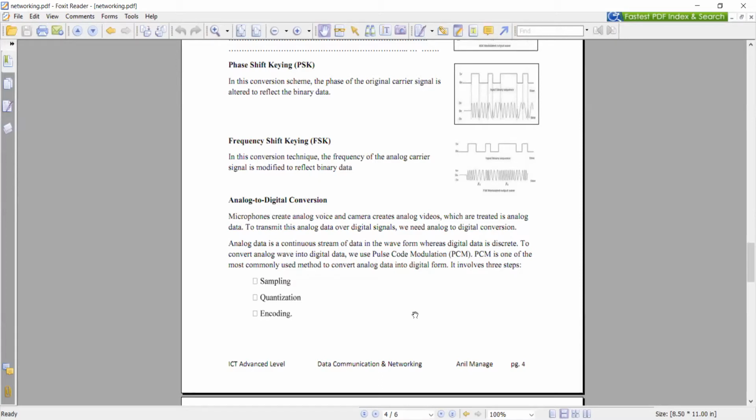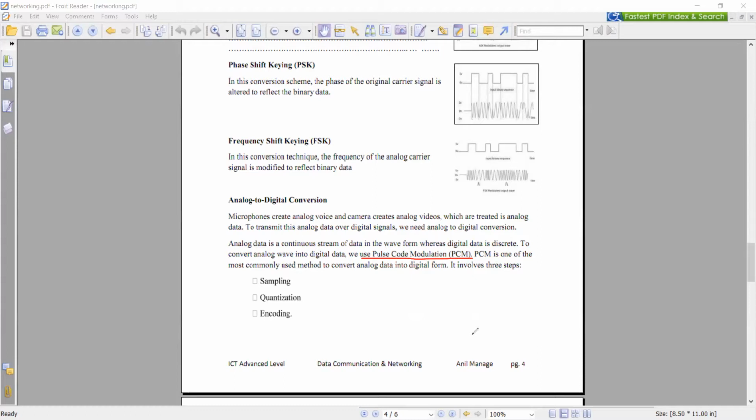To convert an analog wave into digital data, we use pulse code modulation. If you have a highlighter, please highlight this one. Pulse code modulation PCM method එක තමයි අපි use කරන්නේ analog to digital conversion වලට. Then PCM is one of the most commonly used methods to convert analog data into digital form.